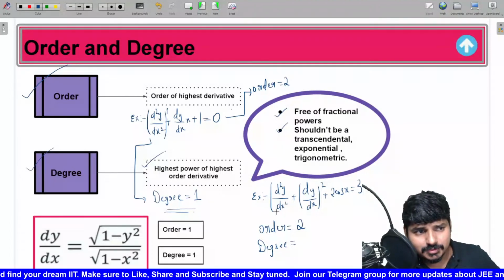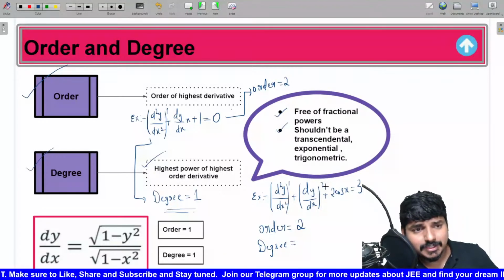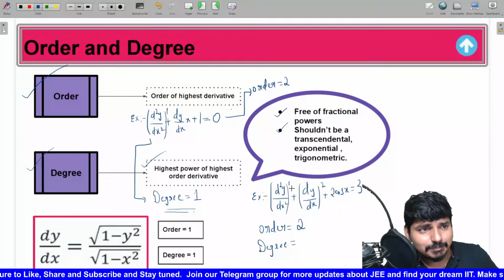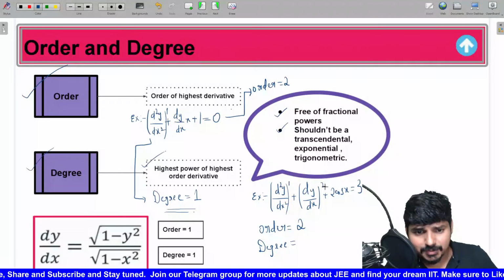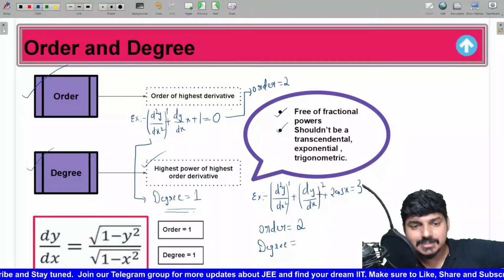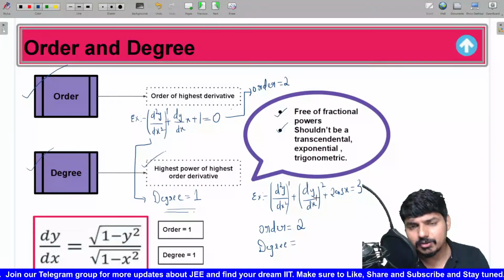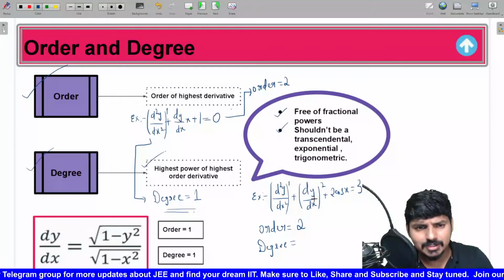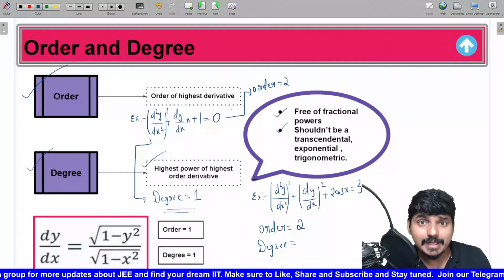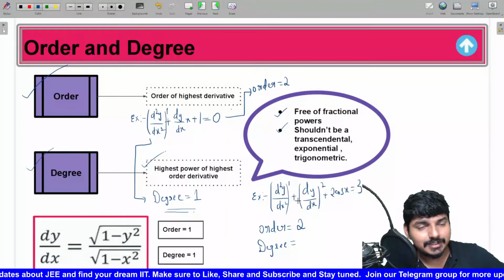You see the power of d square y by dx square and the power of dy by dx. The powers are not fractional powers. They are not a part of any transcendental function: exponential, logarithmic, trigonometric, inverse trigonometric. So we can say that for this particular differential equation, the degree is defined.